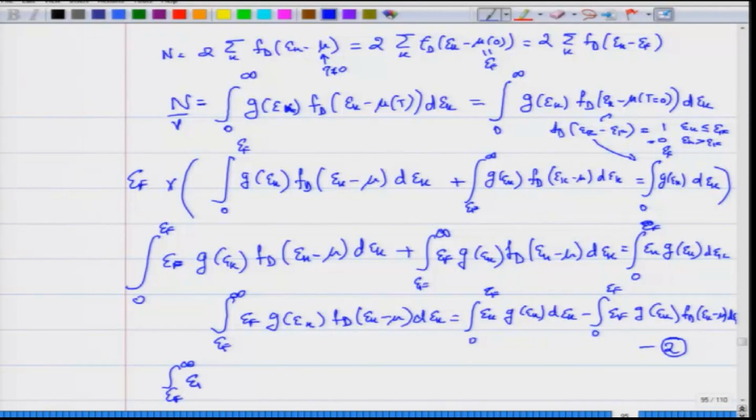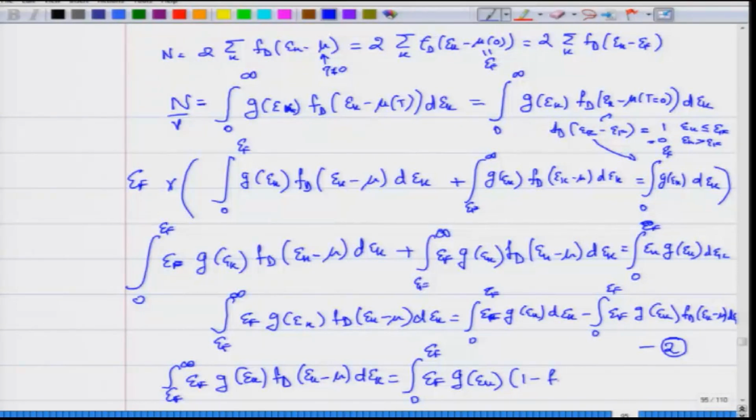The integral from EF to infinity of G(Ek) F_D(Ek) (Ek minus mu) dEk is equal to the integral from 0 to EF of G(Ek) (1 minus F_D) (Ek minus mu) dEk. This is equation 2.